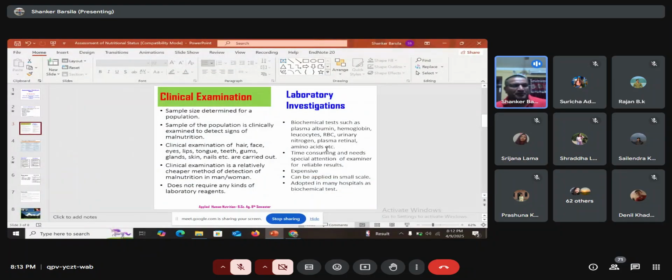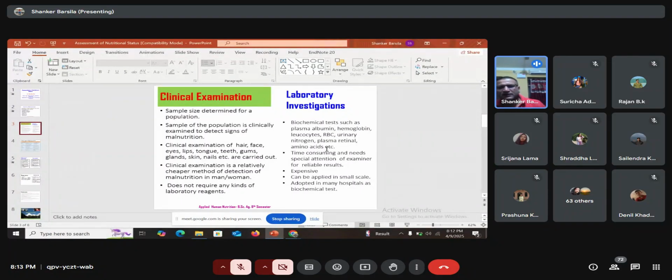And in laboratory examinations, they are the simple biochemical tests. For example, the blood test, the plasma albumin, hemoglobin, leukocytes, RBC, the urinary nitrogen, the urinary creatinine, the blood creatinine, the plasma retinol, and the blood amino acids, and so on.